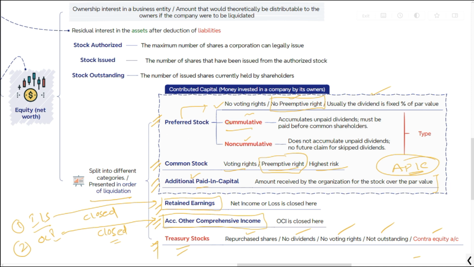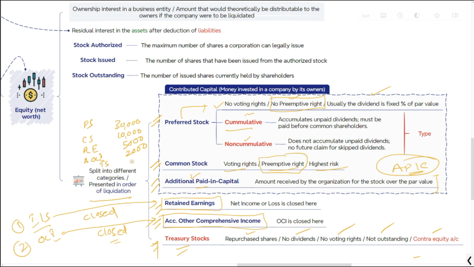For example, preferred stock will have a certain balance. Say the preferred stock is 30,000, common stock is 10,000, retained earnings is 5,000, accumulated OCI is 2,000, and then treasury stock.